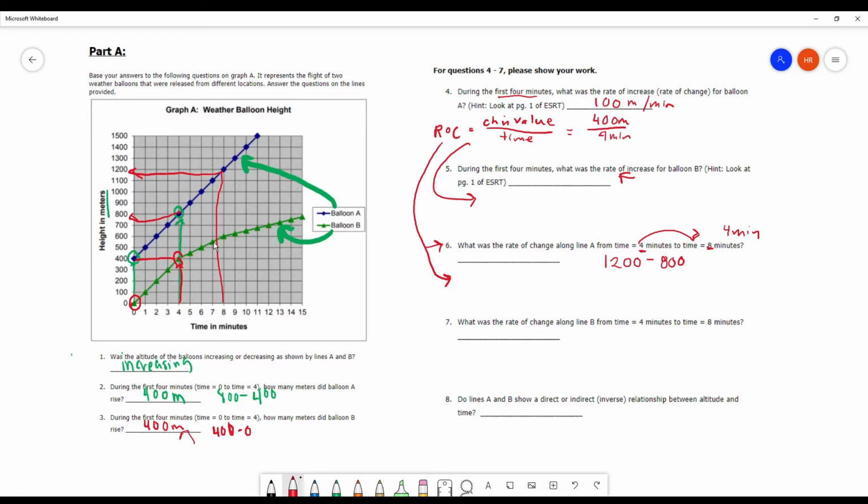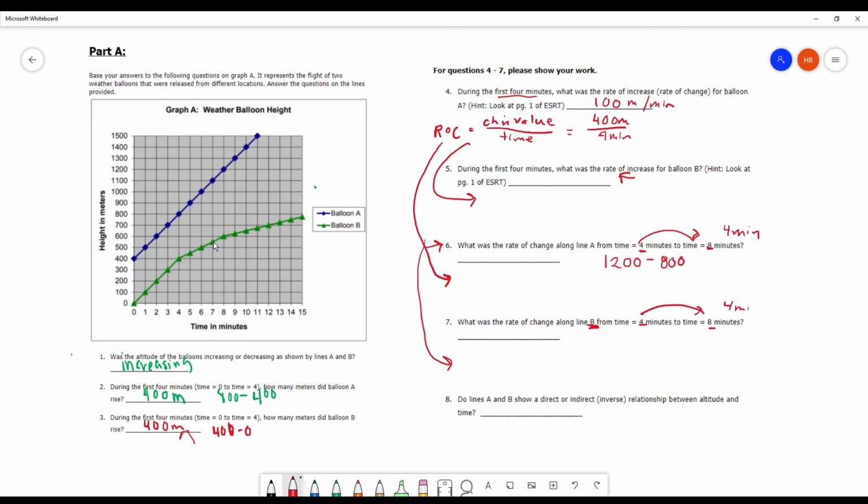All right, 7. Again, same equation. I'm going to erase some of these lines on here, because they're getting a little messy. So now I want the rate of change along line B, the green triangle one, from 4 to 8 minutes.